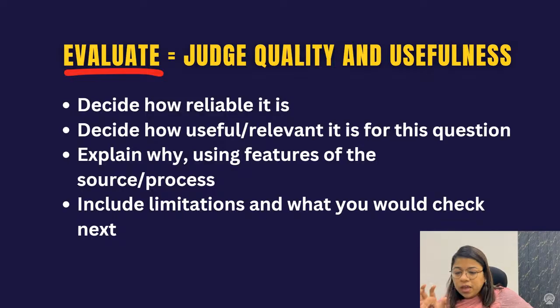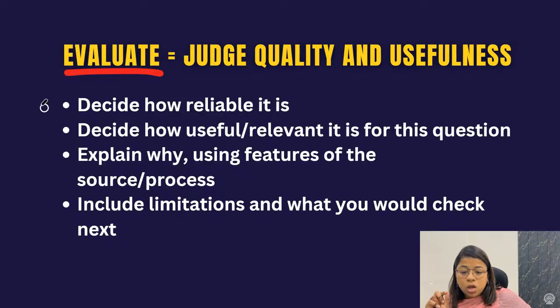Even after evaluating with these WH questions, you may figure out that this source is credible, written by a good author, and reliable, but the next question is, is it relevant to the main question that's given in your paper? That is very, very important.